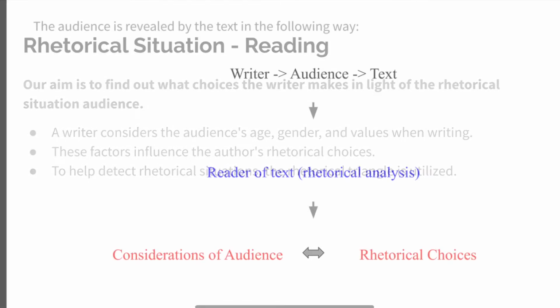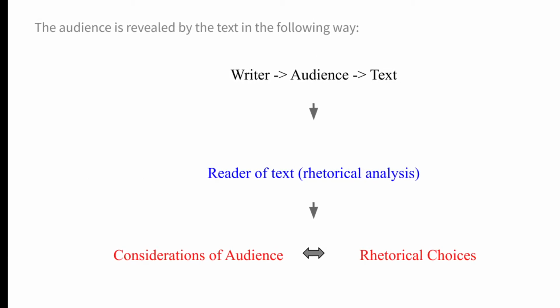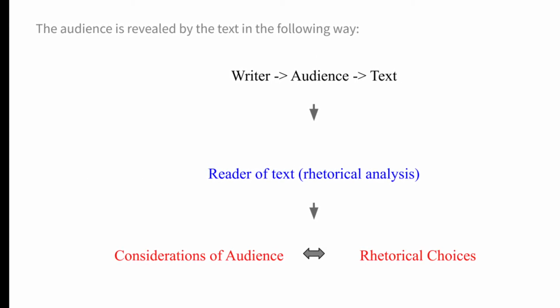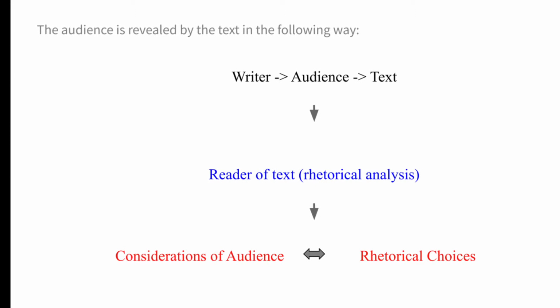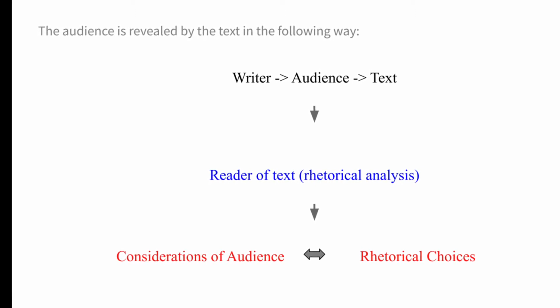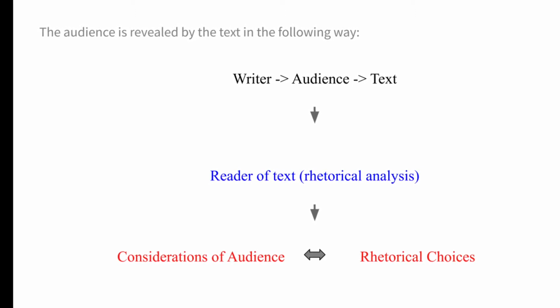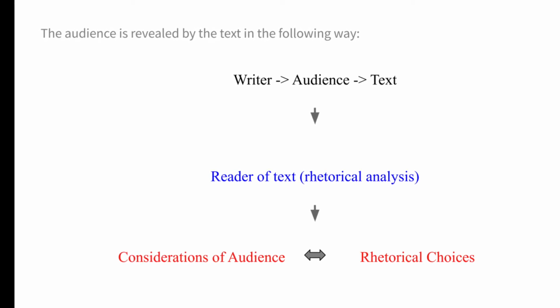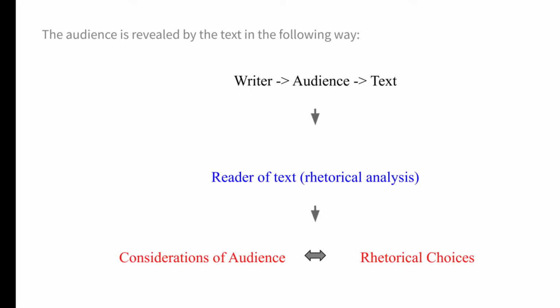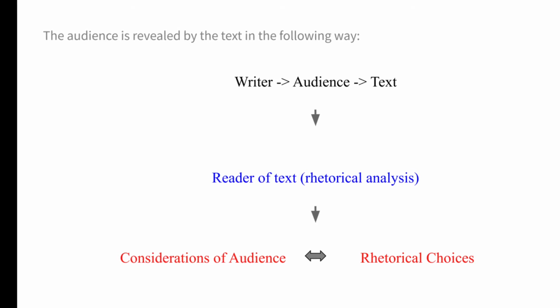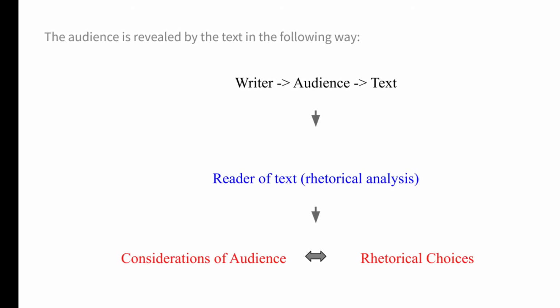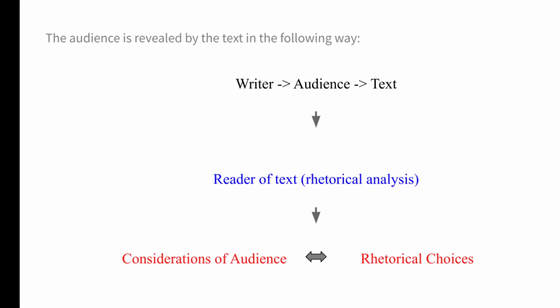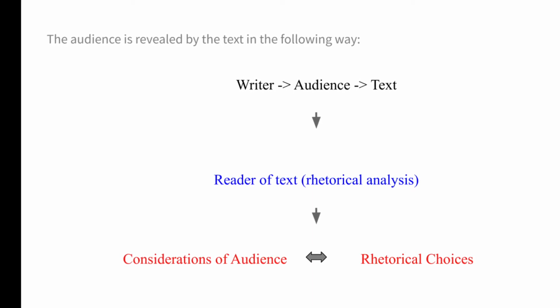Here we can see how the audience is revealed by the text in the following way. You see how it goes from first the writer, then the audience, then the audience reads the text, obviously, and then from there, the reader of the text follows through with the rhetorical analysis. And this is what leads into the considerations of the audience, which also influences the rhetorical choices that are made, or vice versa.